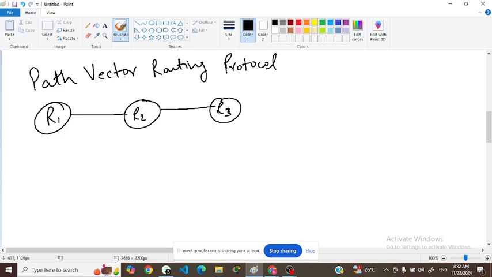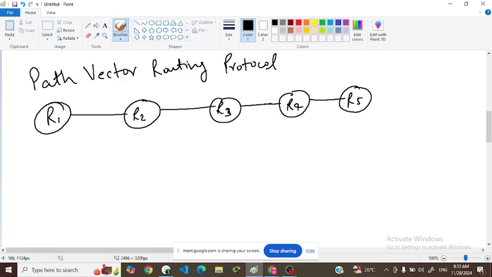Once I do the practical of EIGRP and OSPF, I will show you how this DVRP and LSRP work exactly. Don't worry about that, but just here it's the theory part. Path vector routing protocol. Suppose R5 is sharing its routing table to R1.